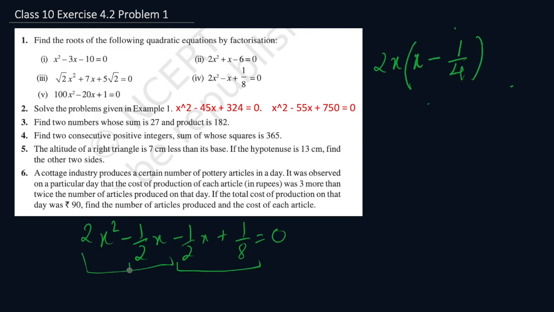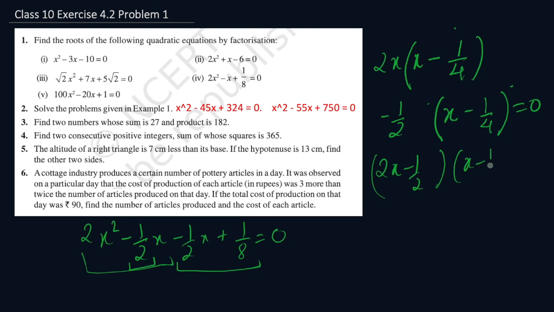We have taken 2 from this half also, so it will be 1 by 4. Now again you can take minus 1 by 2 from here, so it will be just minus 1 by 2. So in the inner portion it will be x minus 1 by 4 equals to 0. So we are remaining with 2x minus half multiplied by x minus 1 by 4 equals to 0.